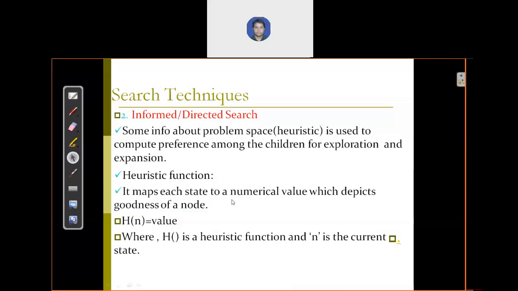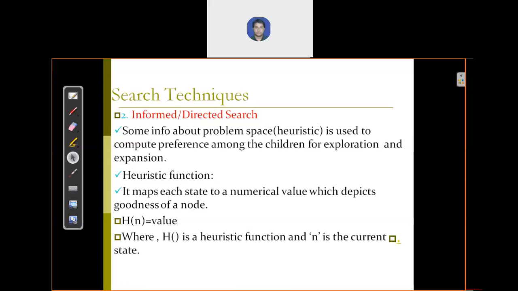The next search technique is informed search. In informed search, we have knowledge about the domain of the problem, about how we can move from one state to another. We are given some heuristic value. Heuristic is nothing but some guessing, some cost.